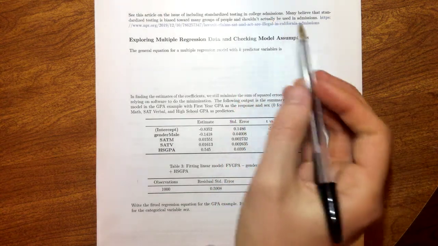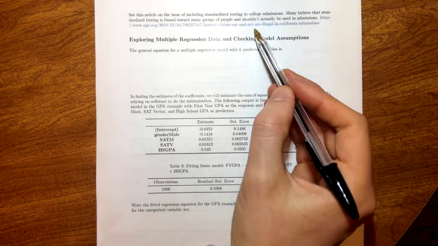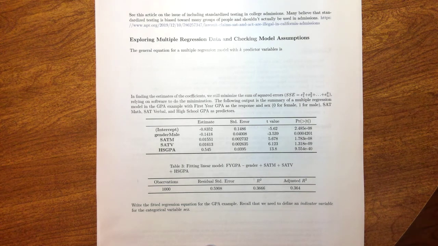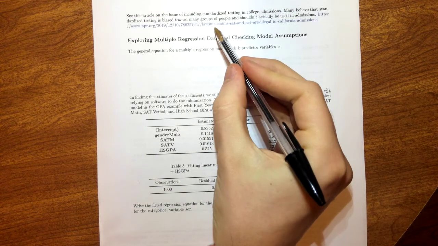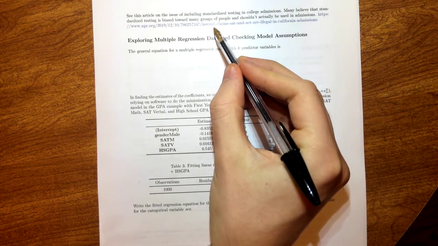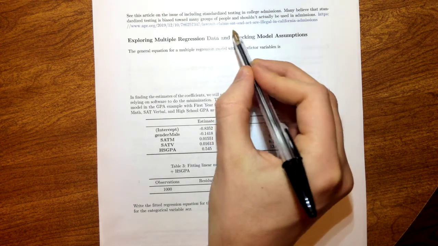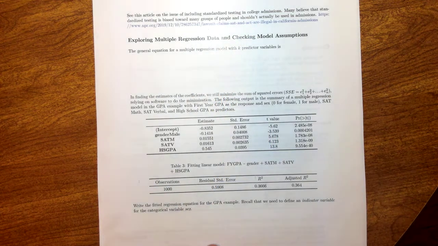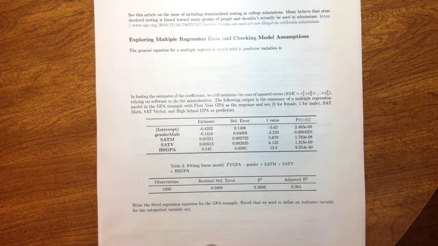But if you have the PDF, you could click on this link to an article from the fall of 2019, I think, about a lawsuit that's trying to get the SAT and ACT declared illegal in the University of California schools admissions process.